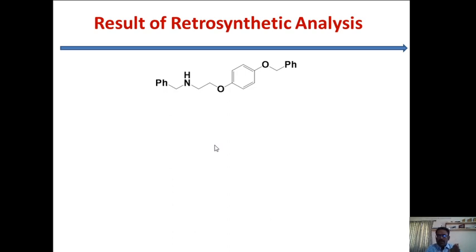So now we have finished the complete retrosynthetic analysis for the given target molecule. Now we can clearly write down the forward synthesis. This is the result after the retrosynthetic analysis.